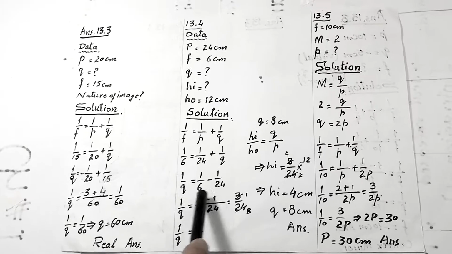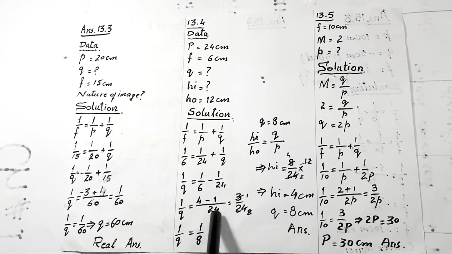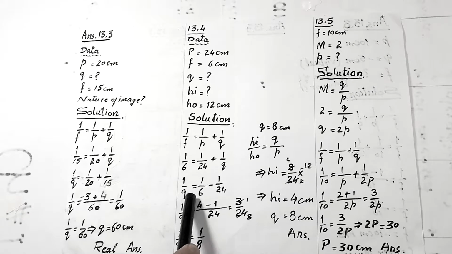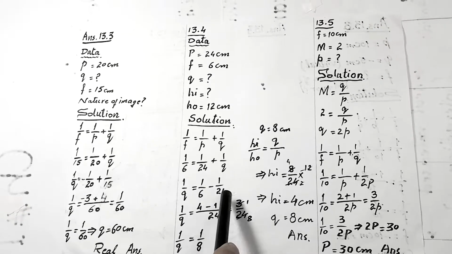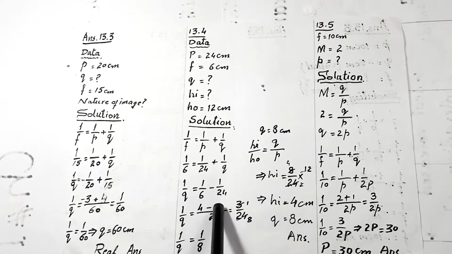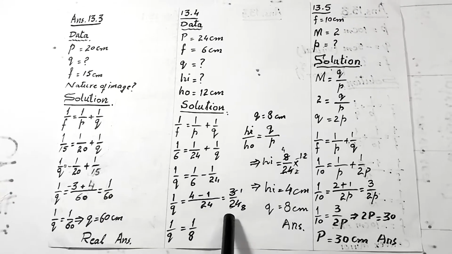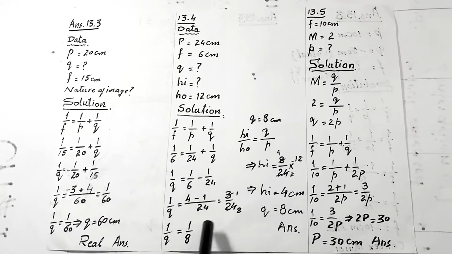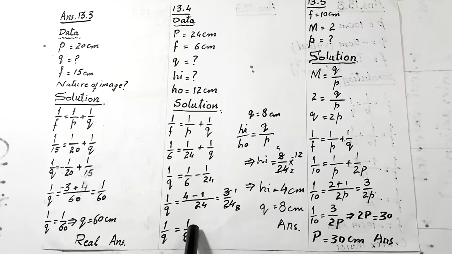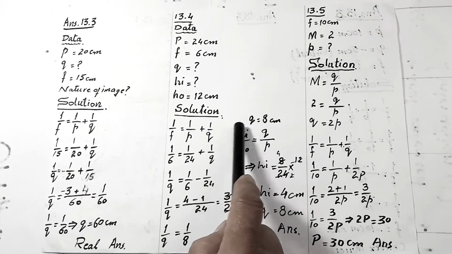Now taking the LCM of 6 and 24, it comes 24. Now 24 divided by 6 comes 4, and 24 divided by 24 comes 1, 1 ones are 1. So it comes 3 upon 24.